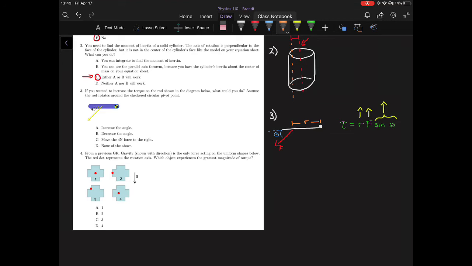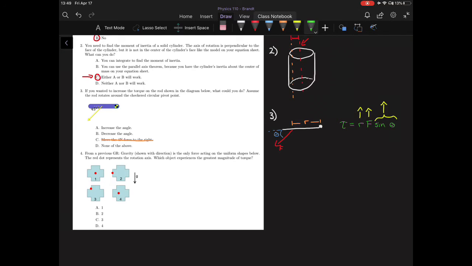So we know that this one is out. That's not available. So the other 2 involve the angle because there's not one that says we can increase the force. So if we increase sine of theta is what we want to do, is there a way for us to increase or decrease the angle to change sine of theta in the appropriate direction?